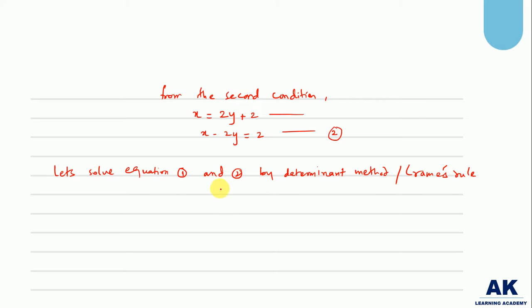So we have to write this equation as x plus y is equal to 20 and x minus 2y is equal to 2, right?